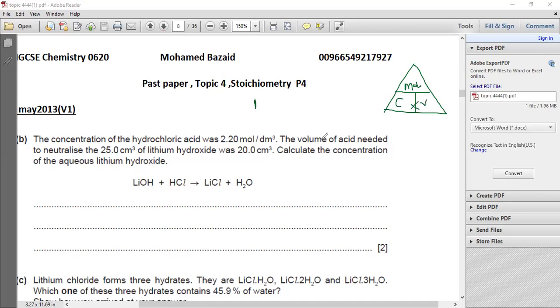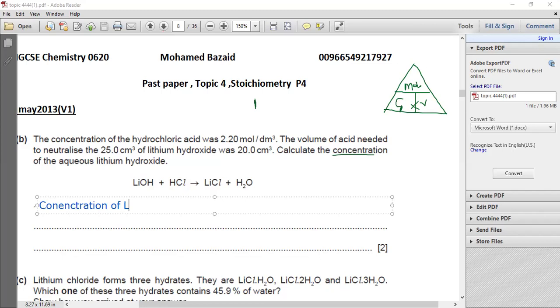Here, I need the concentration, C. So concentration equals mole divided by volume. So concentration of lithium hydroxide equals moles of lithium hydroxide divided by volume of lithium hydroxide. That's true? Yes, sir. Okay.